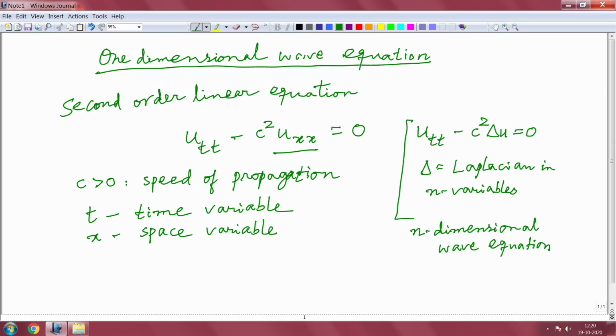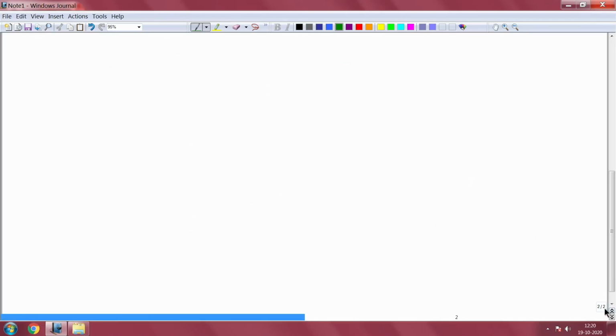A physical situation where this equation arises: it generally represents vibrations in a string.